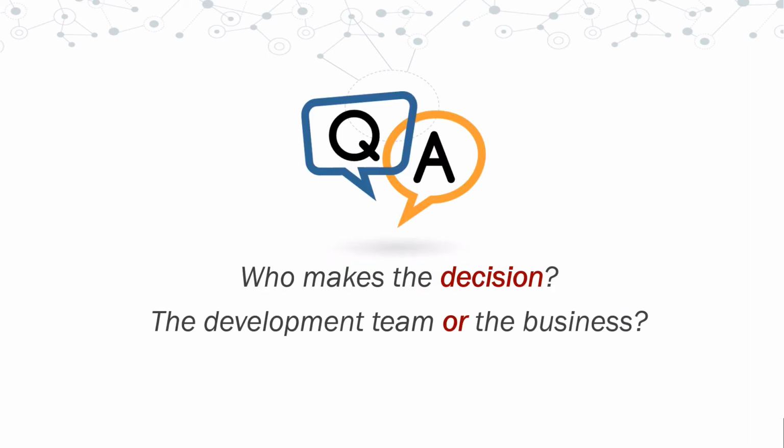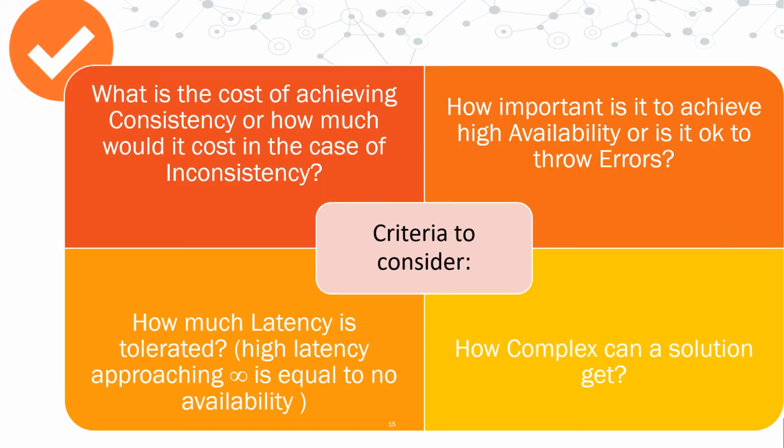And who will make that decision? Should it be your team as a development team, system development team, data operator team, administrator team, or should it be the business management? What do you think? Okay, so whatever decision and whoever makes the decision, usually we need to be very objective, right? We need to consider important criteria before making and proposing a solution.